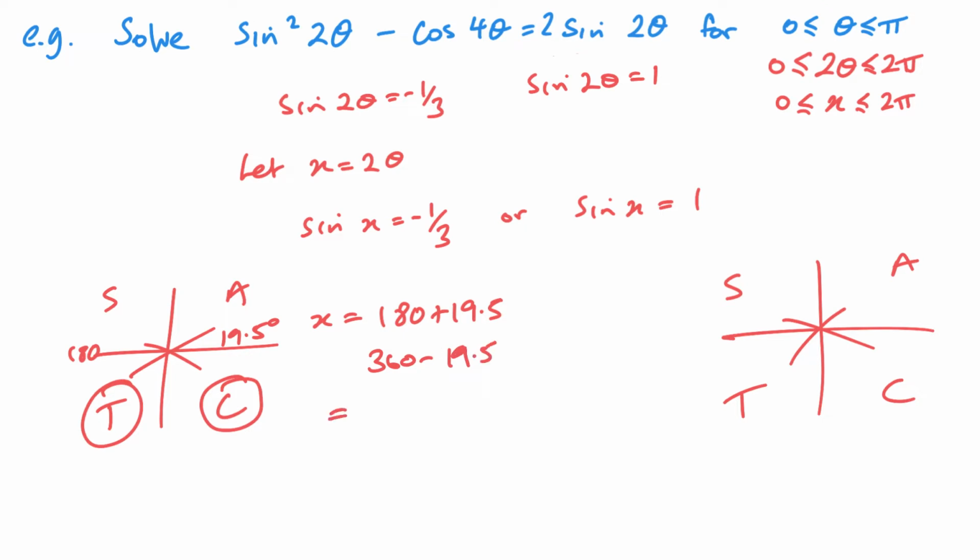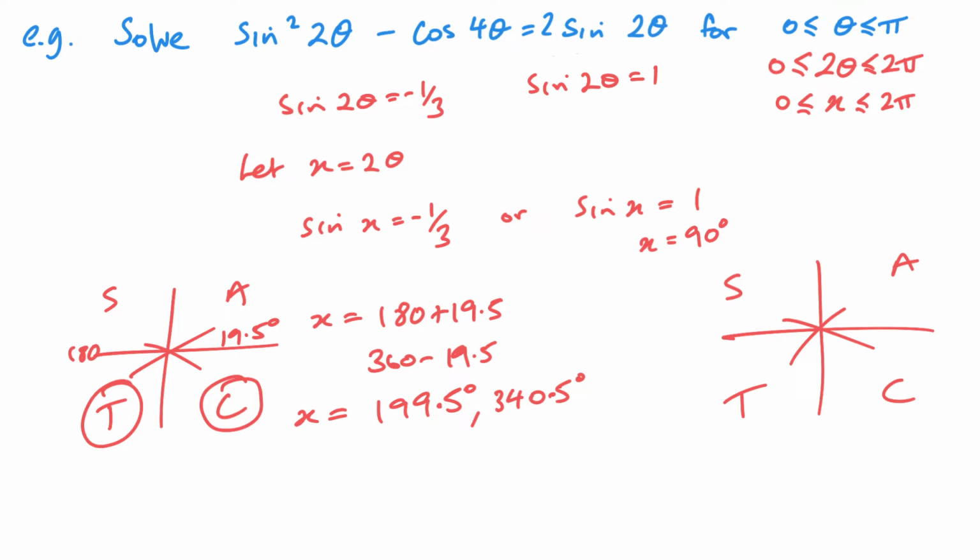So that gives me two angles, 199.5 and 340.5. Now looking across to the other one, sine x equals 1, we should know what that is, and we should know it's only going to happen when x is 90 degrees, between 0 and 2 pi.